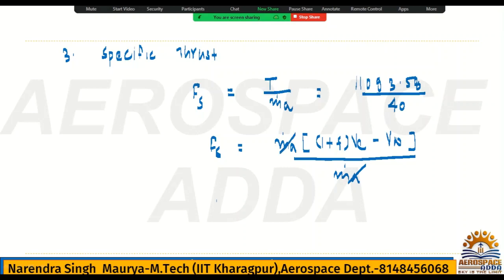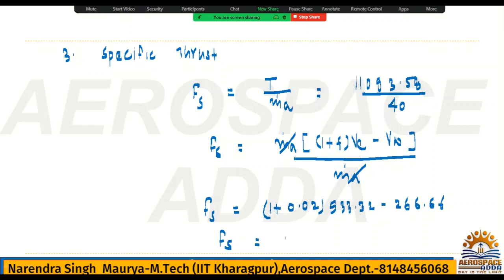So write properly. Okay. Fs is nothing but 1 plus f, where f is the fuel air ratio, which is 0.02. You have calculated ve, it was 533.32 minus 266.6. If you do this, check how much you will get. 1.02 into 533.32 minus 266.66, 277.